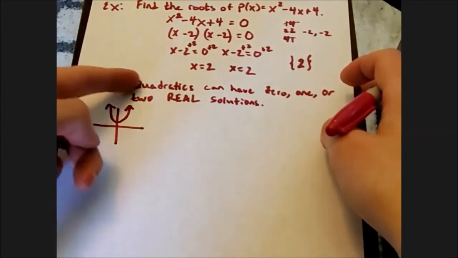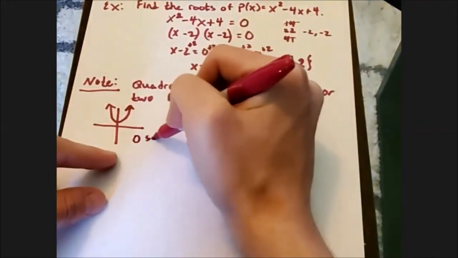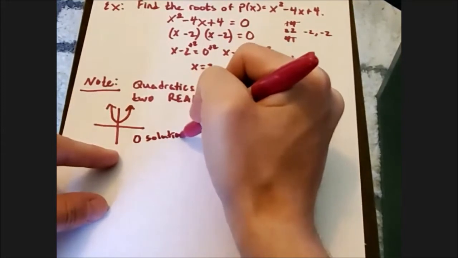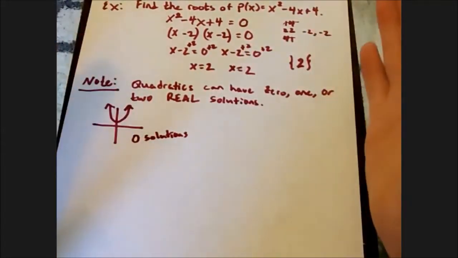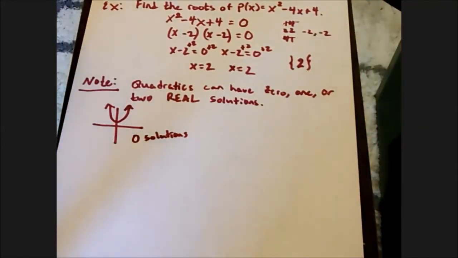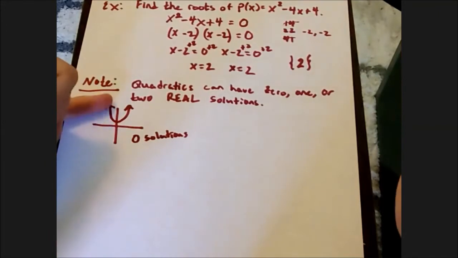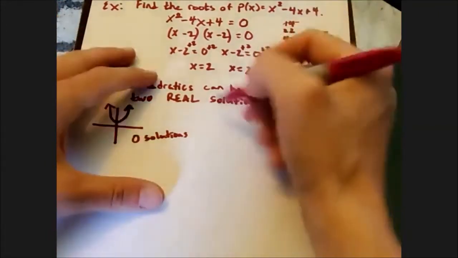That is an important requirement. In this case right here, if you tried to solve this, this would have 0 solutions in the real sense. And that's because solutions, if they're real, are the locations where the function crosses the x-axis. I think you'd all agree with me that this is never going to cross the x-axis. Therefore, it has 0 real solutions.